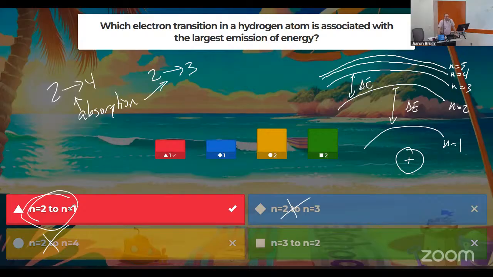All that we know is that that's when the electron's gone. We don't know necessarily if it's n equals 17 or n equals 20 or n equals 25 or whatever. We just know that at some point, the electron is no longer in the atom. It's now outside of the atom. That's what ionization energy is. How much energy does it take for that electron to get promoted to a high enough energy level that it's no longer in the atom itself?